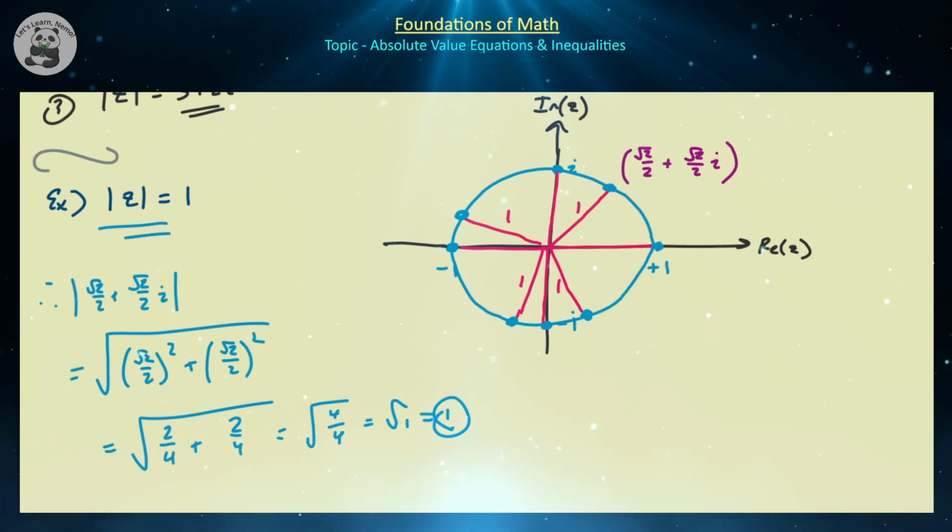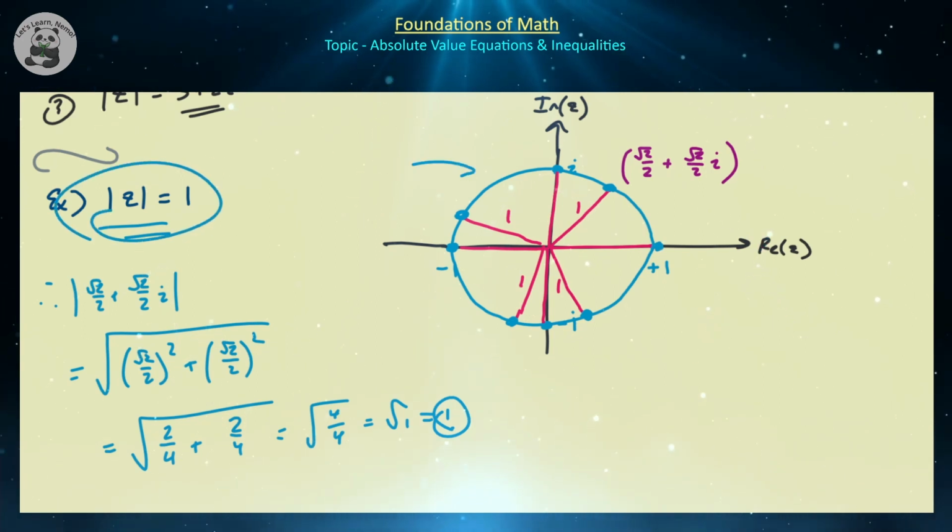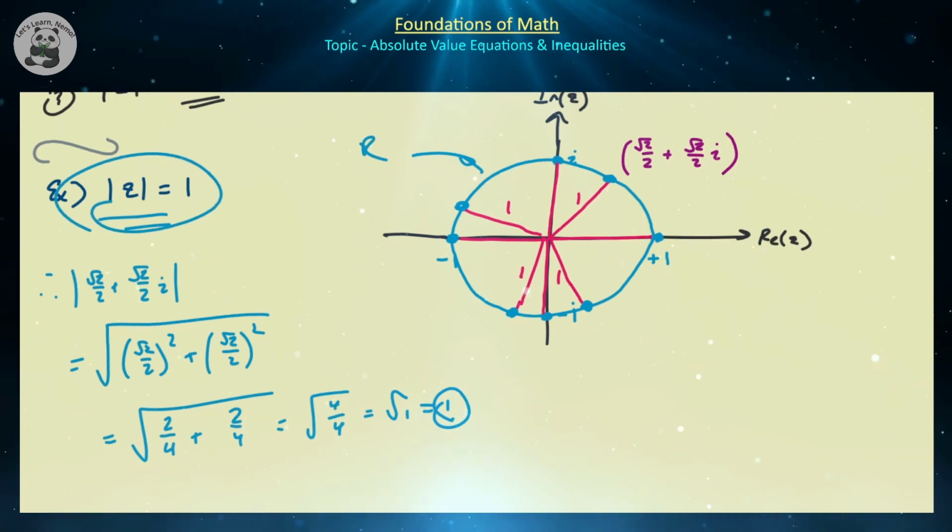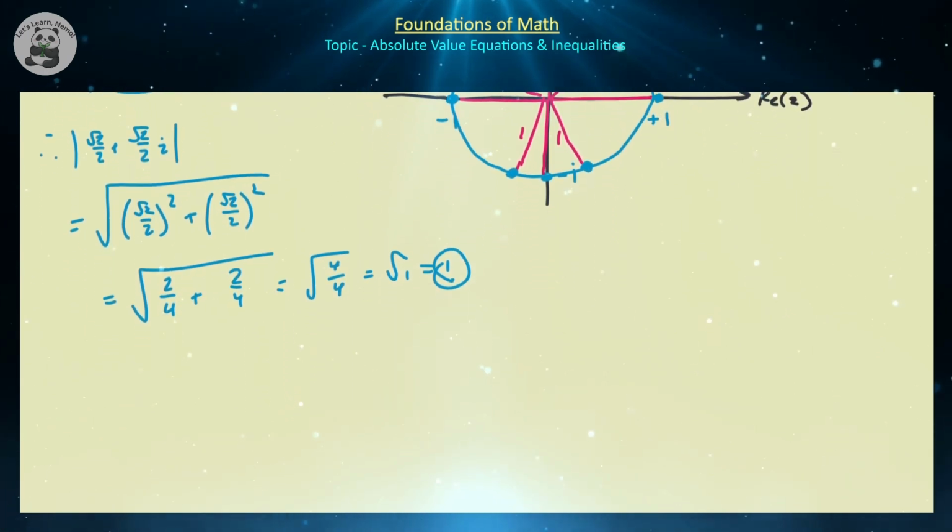So how can we write this solution set, i.e. this circle relation, in a nice form to advertise to our audience?